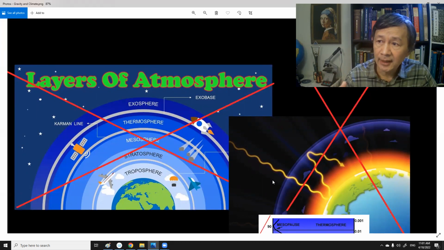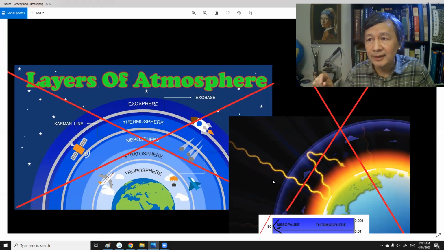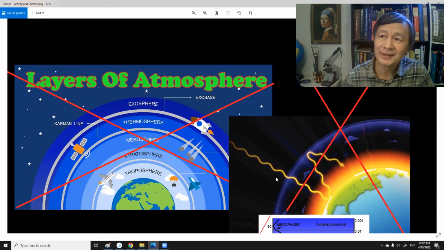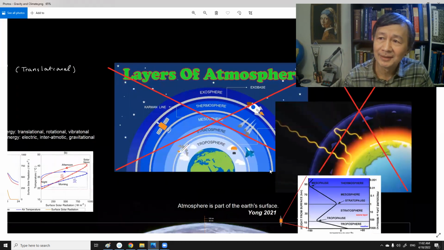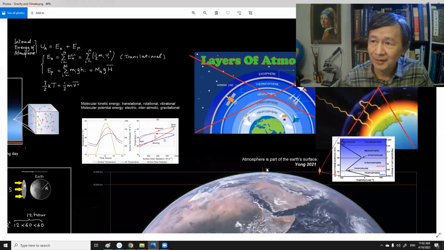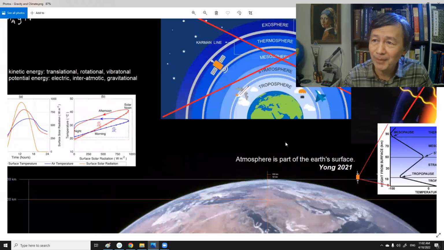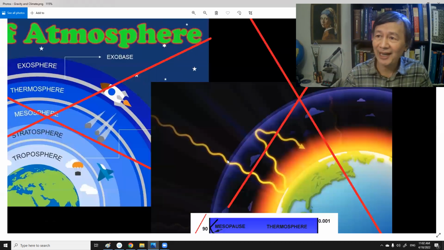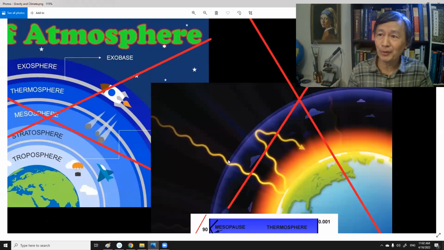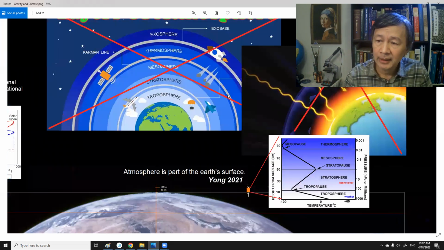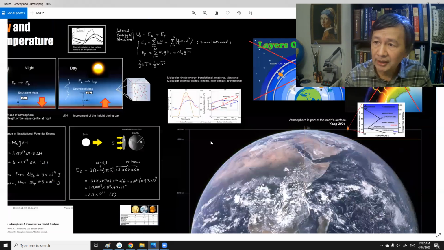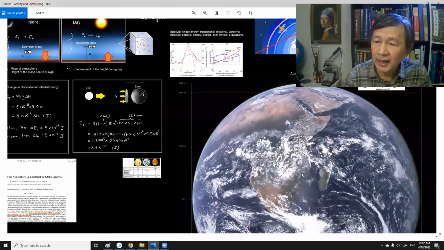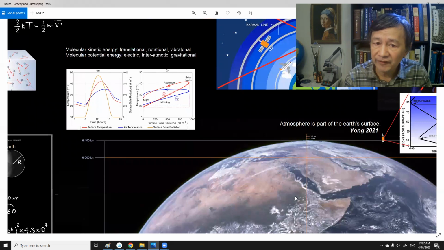The thickness of the atmosphere compared with its radius is thin, not as big as this. So forget about this diagram, otherwise you will imagine that our atmosphere can act as a magical mirror or emitter, as we discussed in my previous video. Here is a more realistic illustration of the thickness of the atmosphere.